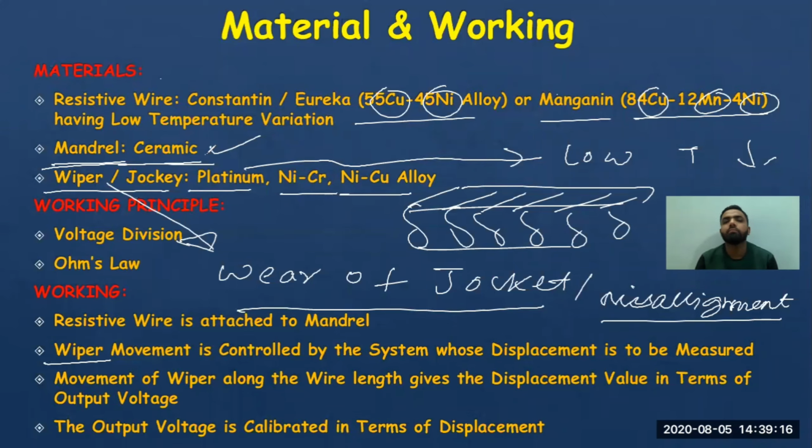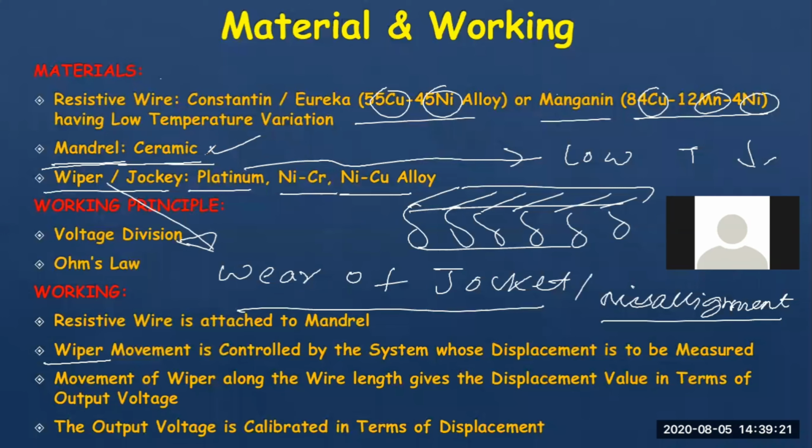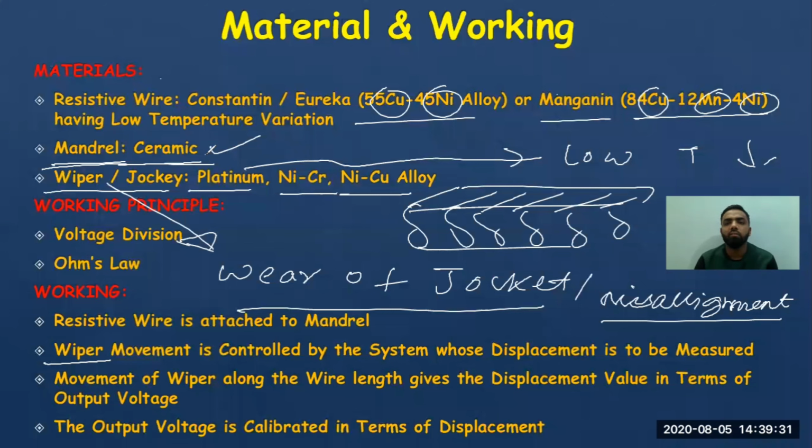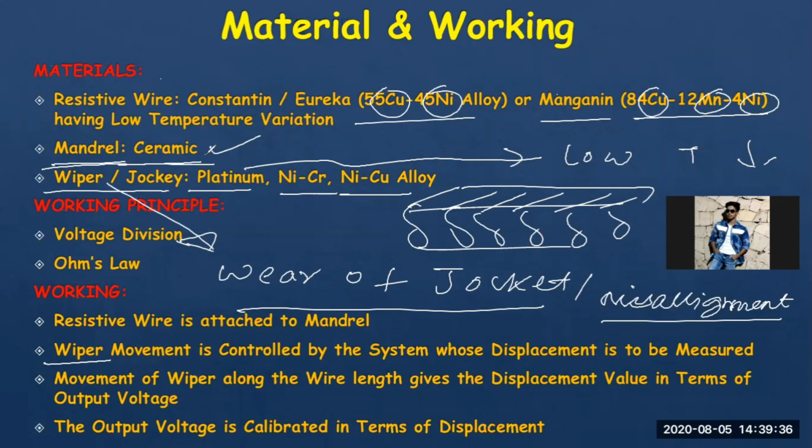And for mandrel? Ceramic. And for wiper? Platinum, chromium, nickel, nickel copper alloy. This material should have which characteristic? Low temperature variation. Very nice.